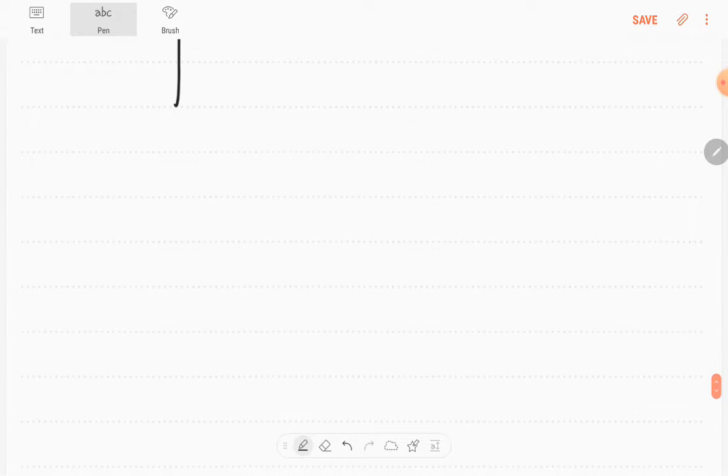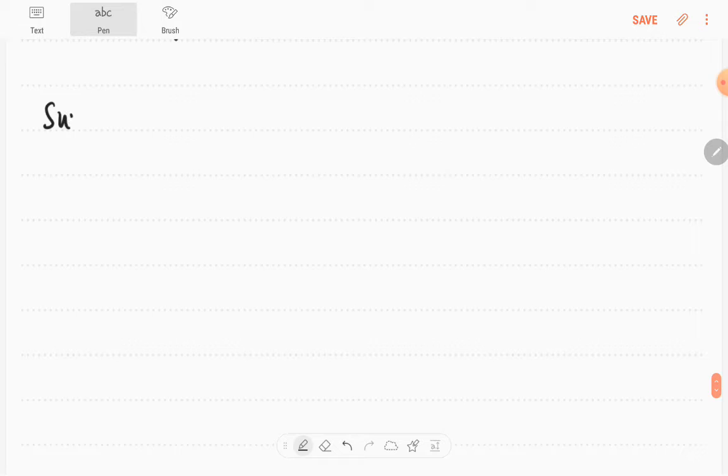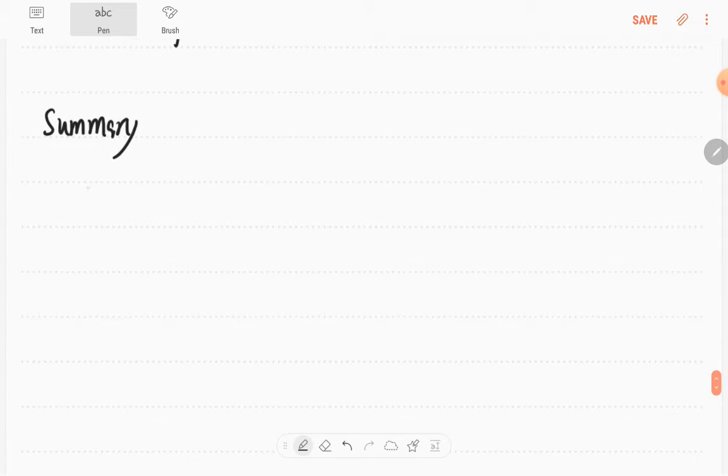Now let's summarize it. If we have y minus y1 equals m times (x minus x1), this is called the point-slope form.